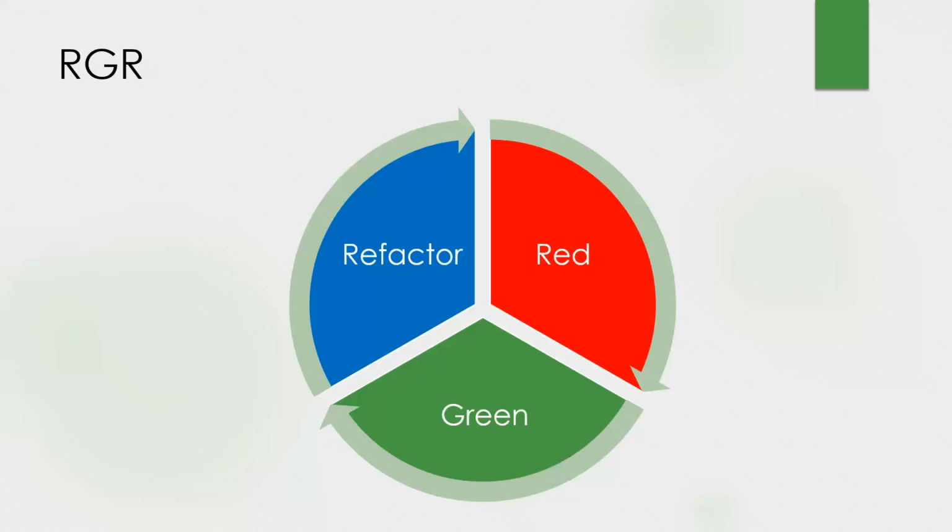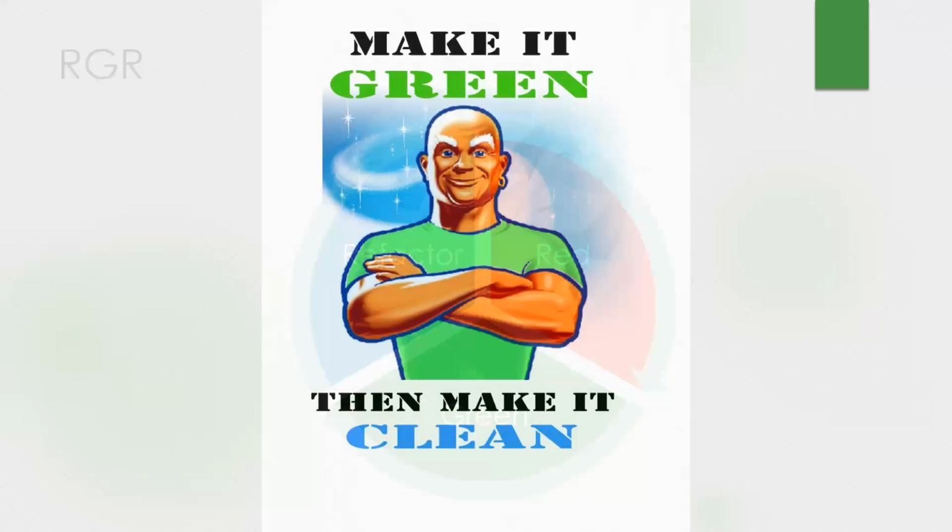If not, then you are starting the cycle again. So red, green, refactor, the three words, or in other words, make it green, then make it clean. Very simple statements that are quite useful in the world of test-driven development.